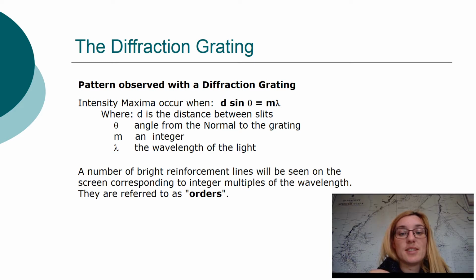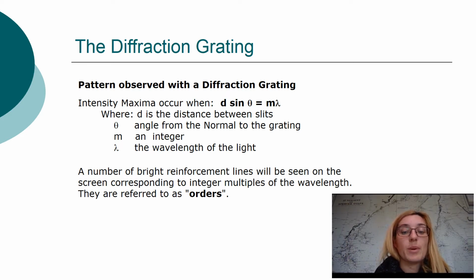Now d is the distance between the slits, which for a diffraction grating should be very, very, very, very small. Theta is the angle from the normal, the viewing angle, to the particular part that we're looking at on the screen. The m is an integer depending on whether it is a constructive or a destructive part of the pattern, and lambda is the wavelength of the light.